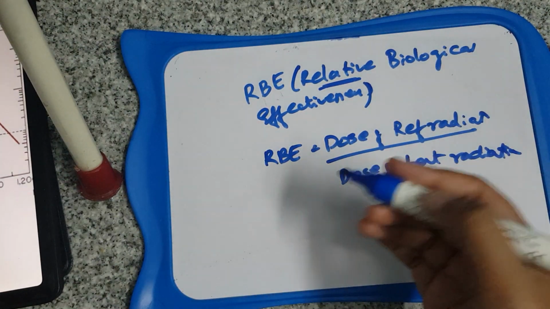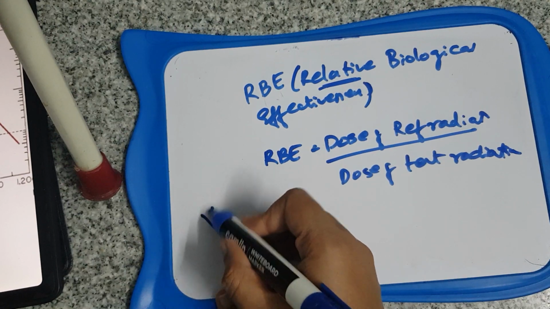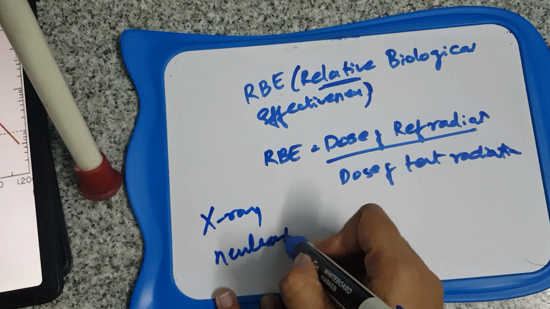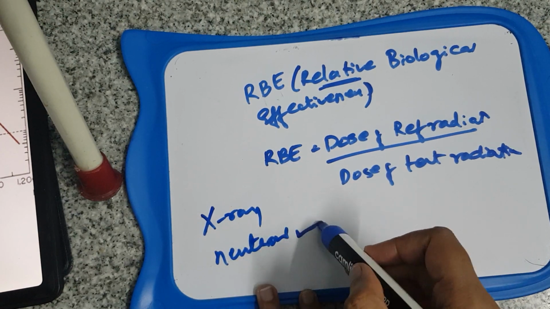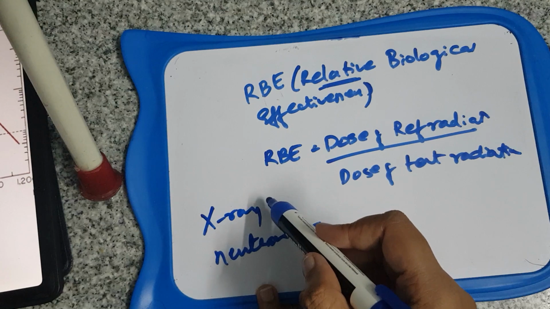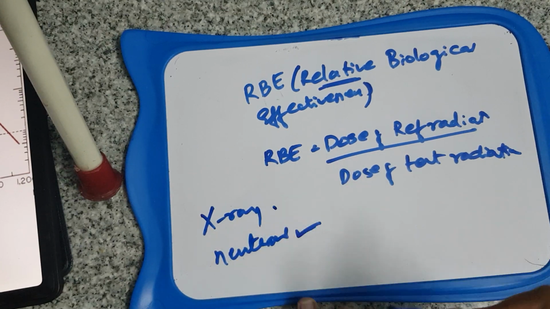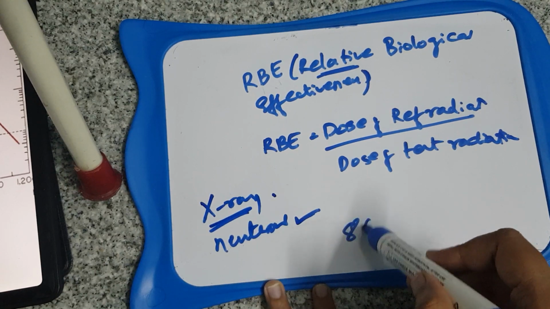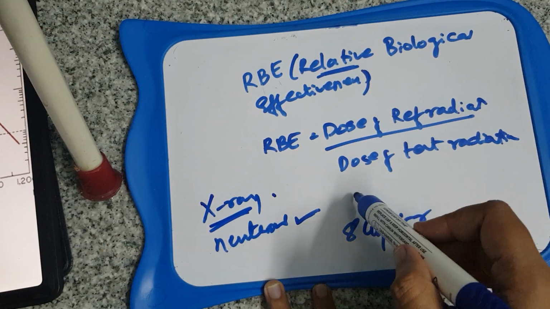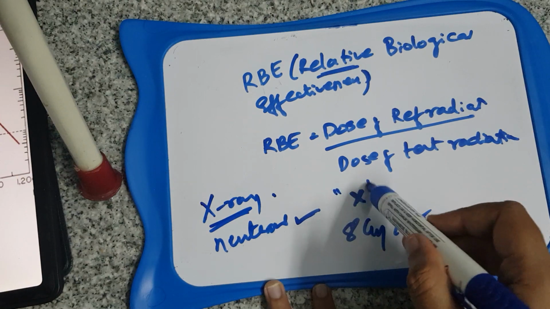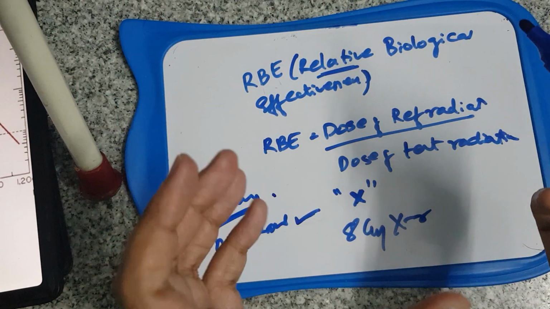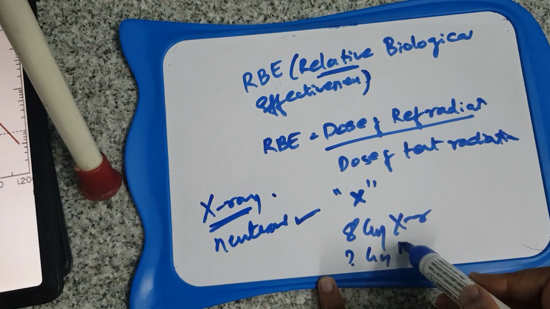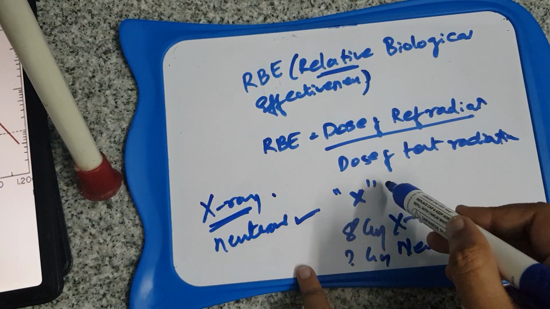It's like, if you're using X-rays and if you're using neutrons, obviously neutrons have a higher linear energy transfer than the X-rays. So if you use 8 gray of X-rays to produce this X amount of biological effect on a particular tissue, then what amount of gray in neutrons is required to produce the same effect?